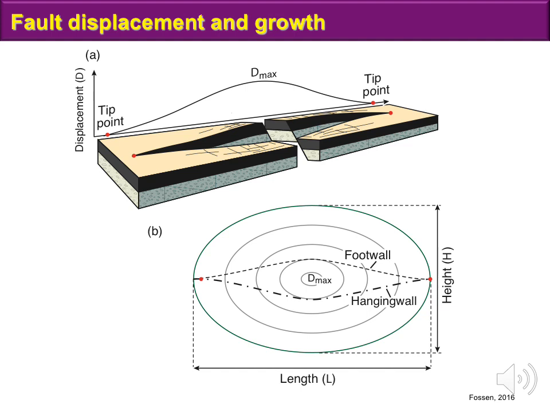And in 3D, or actually 2D, the fault surface itself can be contoured with respect to displacement, and ideally, very idealized, it could look something like this: the Dmax, maximum displacement, in the middle of this fault surface.